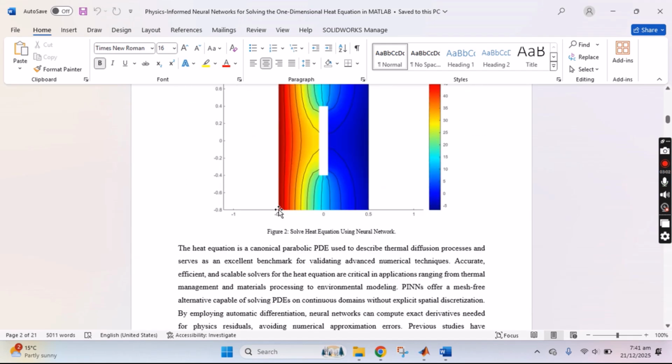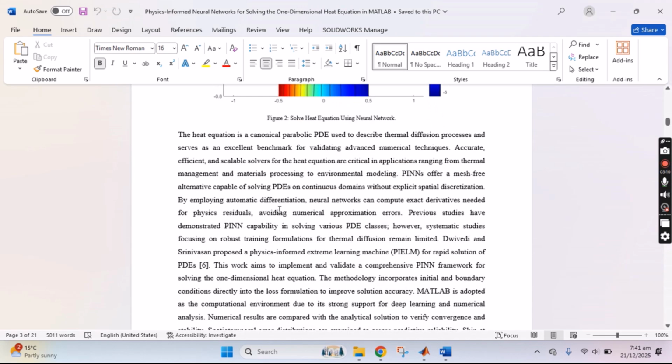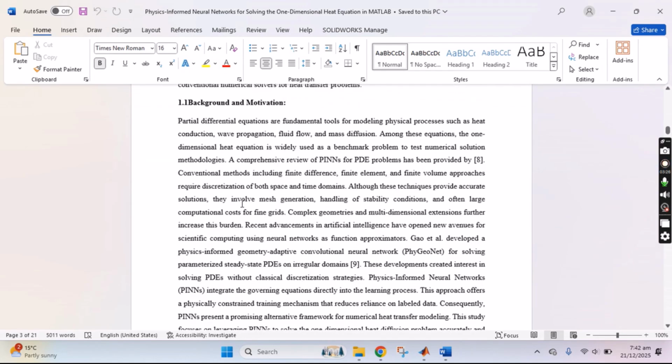This is the solution of the heat equation using a neural network. PINNs offer a mesh-free alternative capable of solving partial differential equations on continuous domains without explicit spatial discretization. So this is a complete introduction.